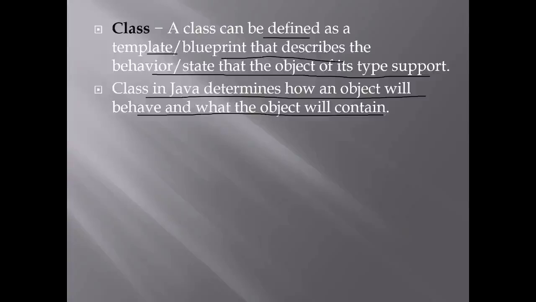So an object consists of properties and behavior. So this together combined is called a class. So what the class does, what type of object it is and how it is going to behave, that will be determined by the class.